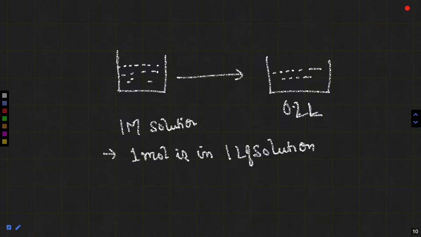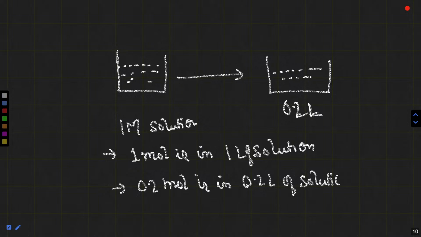Now, if 1 mole is present in 1 liter, that means 0.2 mole is in 0.2 liter of solution. Any problem with this statement?